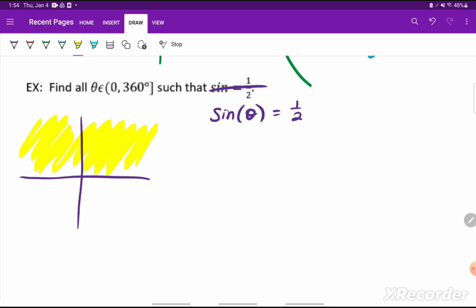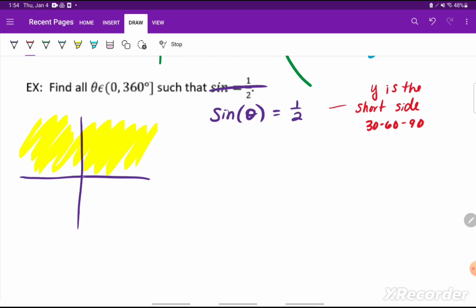Then I look at that 1/2 and say, okay, that's going to be the short side of a 30, 60, 90 triangle. And sine is the y, so y is the short side of a 30, 60, 90 triangle.